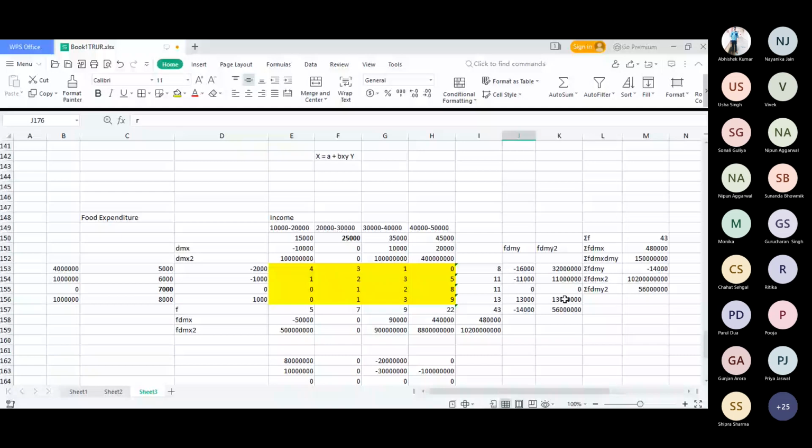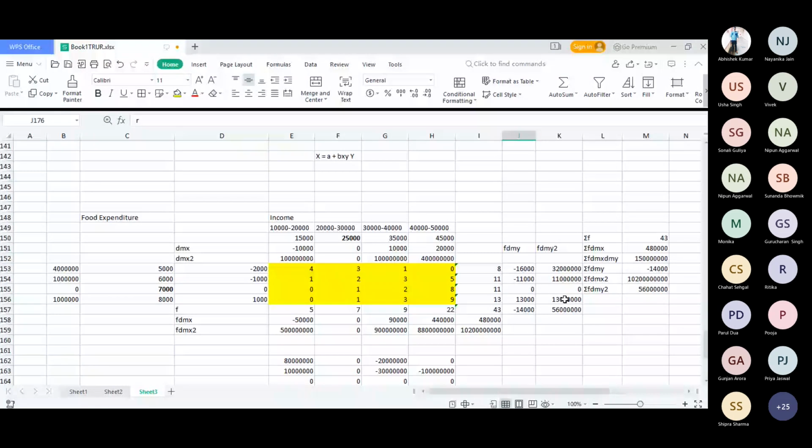This relation can be understood by regression, whether the food expenditure increases first and then the income, or the income increases and then the food expenditure. But this correlation only tells me the relation between income and food expenditure. It does not tell me whether the income is because of food expenditure or food expenditure is because of income.